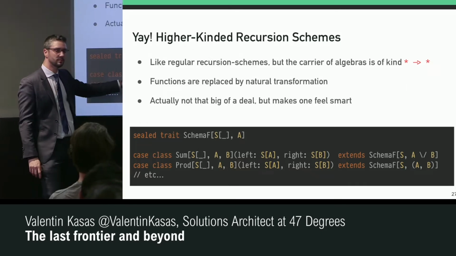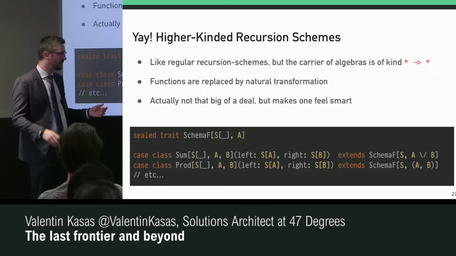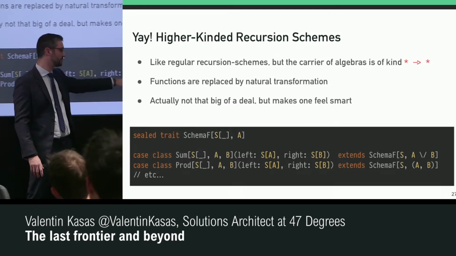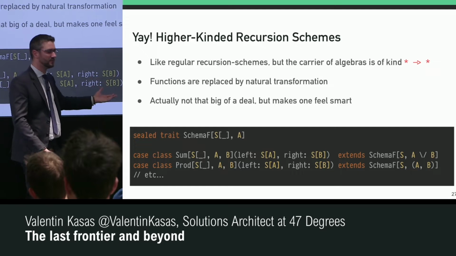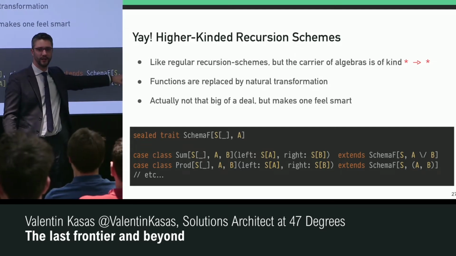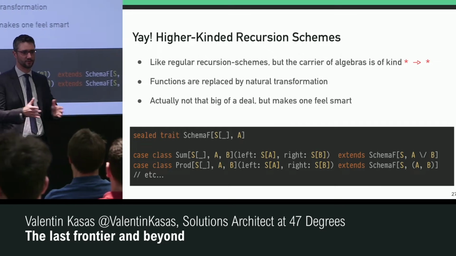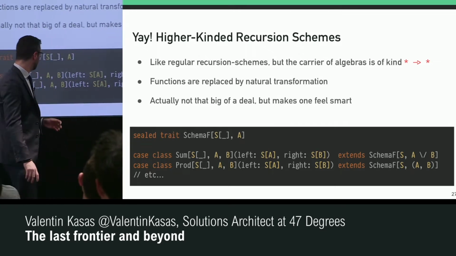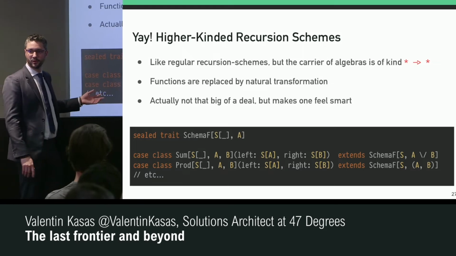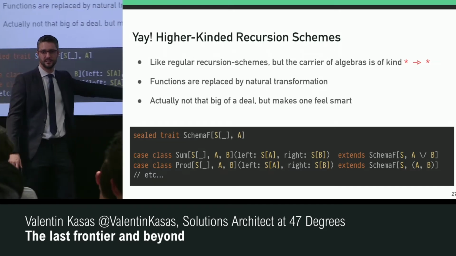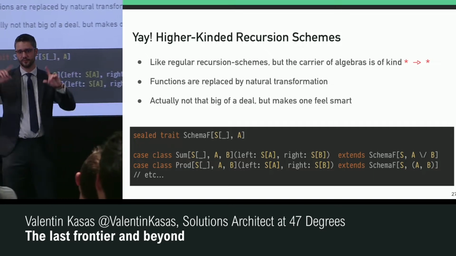So a sum is a binary sum that contains something that represents an A and something that represents a B. And in turn, it becomes the schema for A or B. This is Either, but from Scalaz it's shorter, so it's better for the slides. Same with the product. A product takes a schema of A, a schema of B, and is a schema of the pair AB.